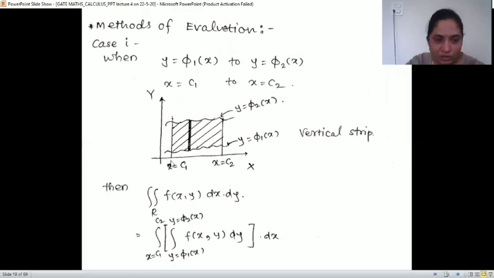So x is c1 is the first line, parallel to the y-axis. Second, x is c2, that is also parallel to the y-axis. And y is some function of x, y is phi1 of x. If y is something, it is in the xy plane. So suppose this is phi1(x) and this is phi2(x).